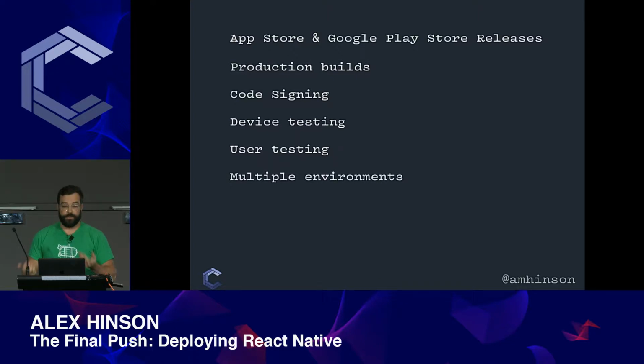So, having multiple environments, such as staging and production. Related to that user testing, how do we have different environments where users can test? Apple offers a service called TestFlight, and Google has alpha and beta tracks that you can use. However, these take a decent amount of time to actually get a release out so that users can use it, and it might not be for every use case.